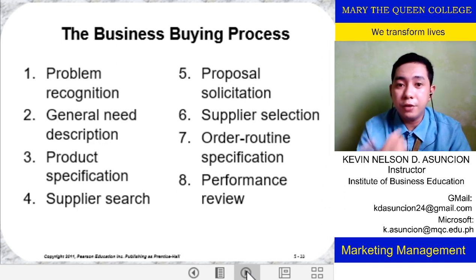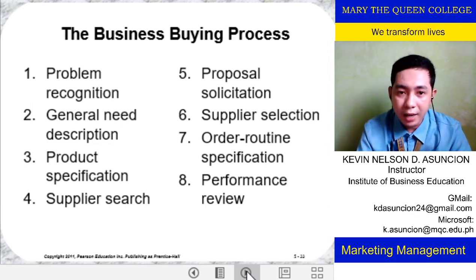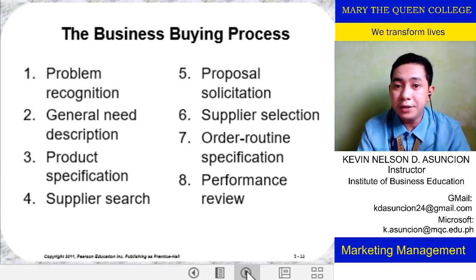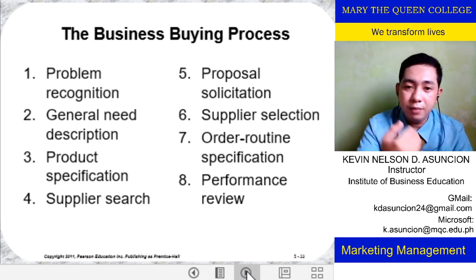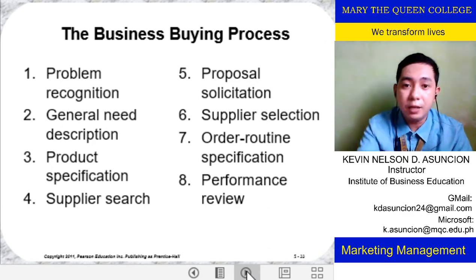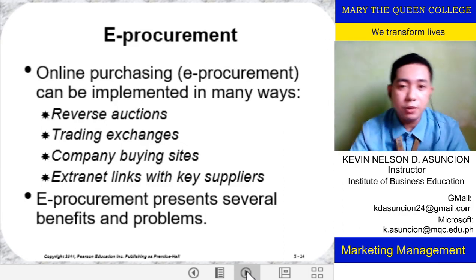So that's part of your business market. Ito yung ginagawa nila. If there is a problem and ano yung kailangan, tapos what specification, hahanap ka ng supplier, hihingi ka ng quotation, yung proposal mula sa supplier, pili ka ng supplier, and then mag-order ka, and then of course i-review mo. Re-rebuy ka ba tulad nung kanina, no, or hindi.